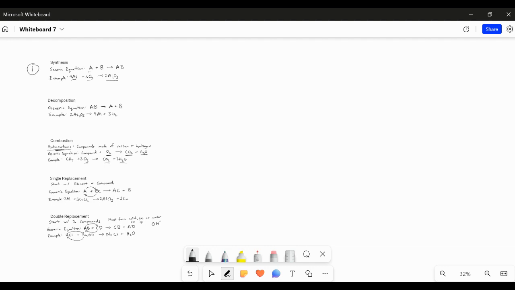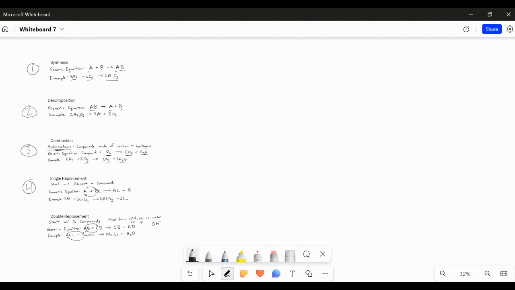So A plus B becomes AB. Decomposition. One thing splits into two. Combustion. You start with a compound reacting with oxygen. And if we're doing hydrocarbons, which we're mostly doing in this class, you're going to form carbon dioxide and water.